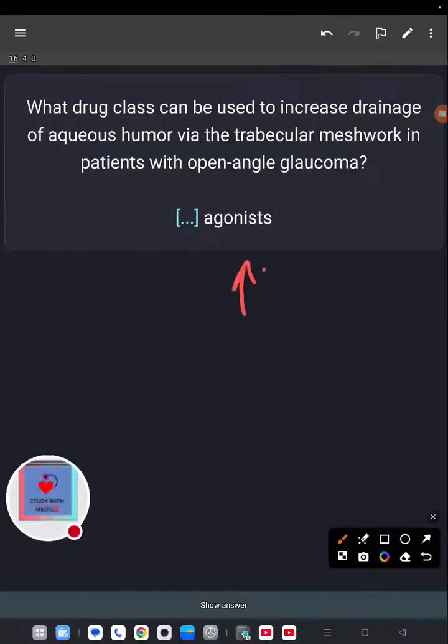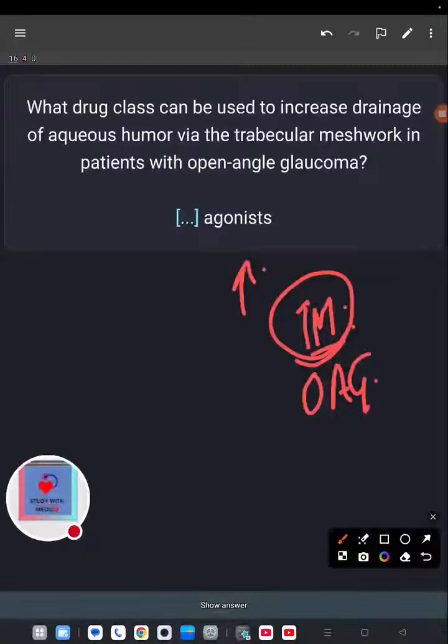To increase trabecular meshwork drainage, what do you need?